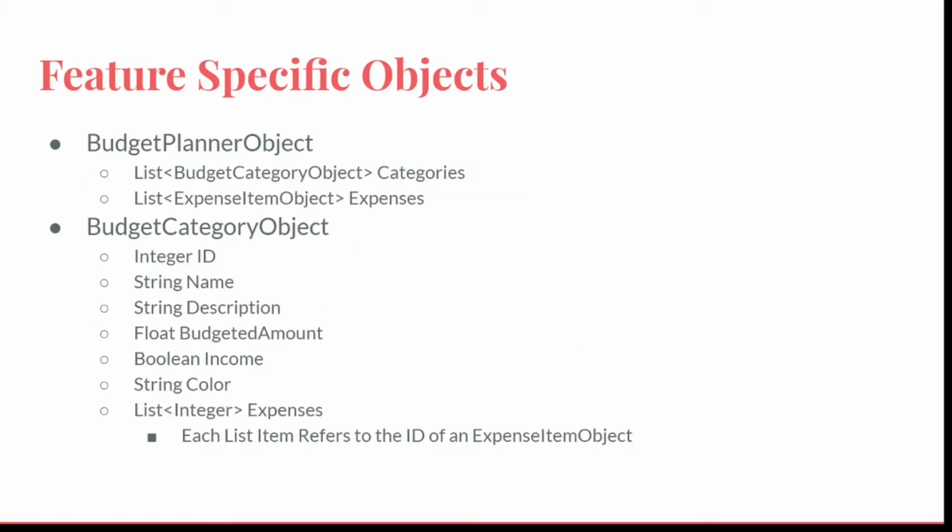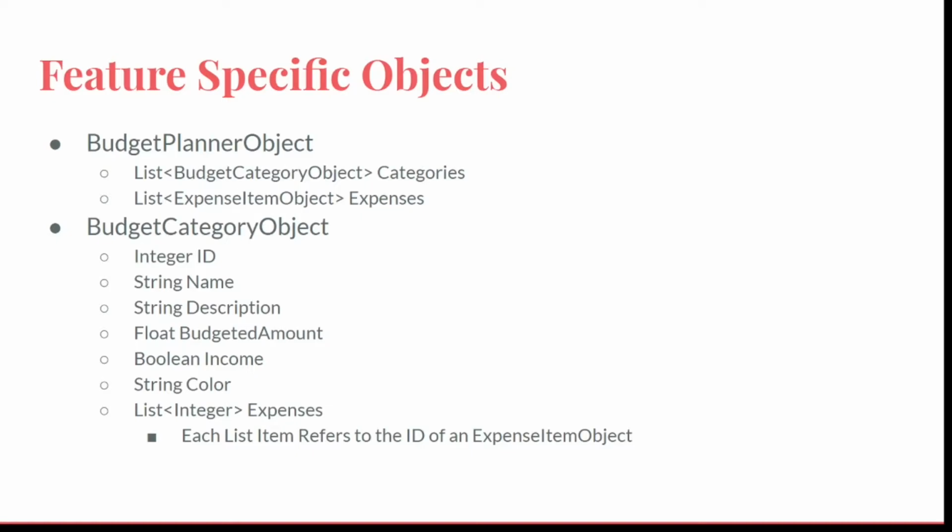Now I want to get into some of the specific objects that I need to create for this project to succeed. In my previous projects, I had explained how I reorganized all of my data halfway through the project and had to restart. For this project, I want to go in with a plan and know what all of my objects will look like, so then I can build features around them.